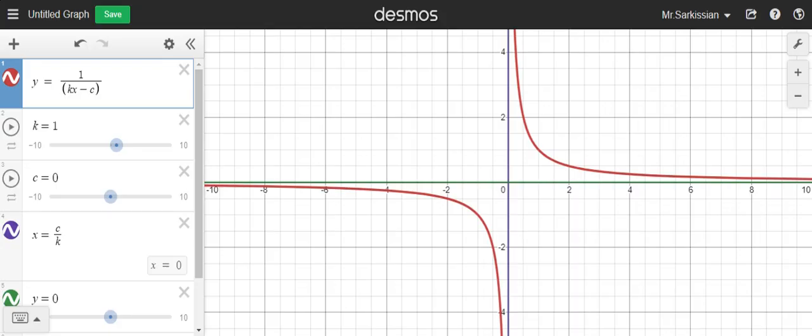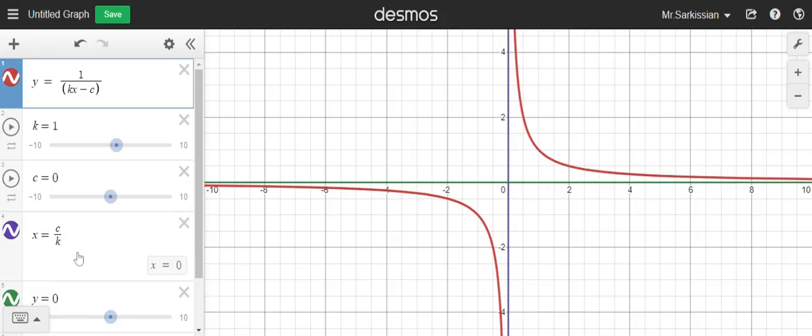So x equals c over k, I have shown it here, would be the equation of the vertical asymptote, which is that vertical line that the graph approaches from the right side and left side, but never touches. The vertical asymptote of a reciprocal linear function has an equation of the form x equals c over k, as I mentioned earlier.